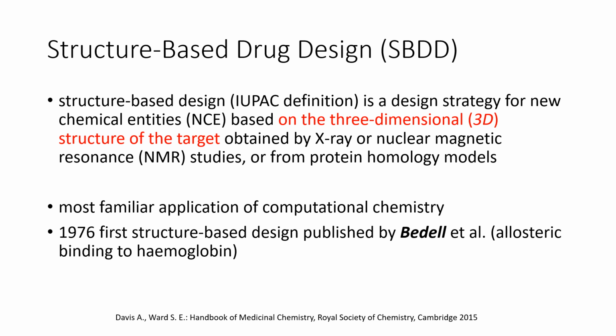So it's the most familiar application of computational chemistry, and the very first structure-based drug design was published by Beddell in 1976, which was focused on allosteric binding to hemoglobin.